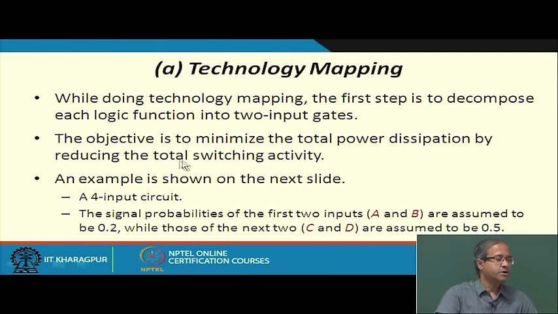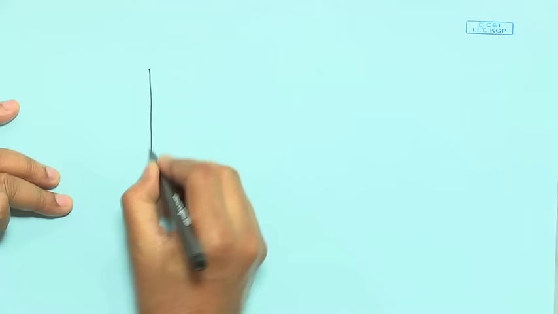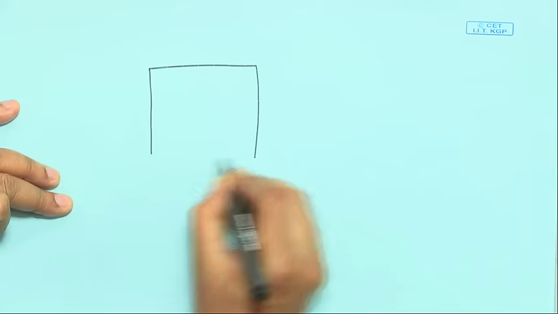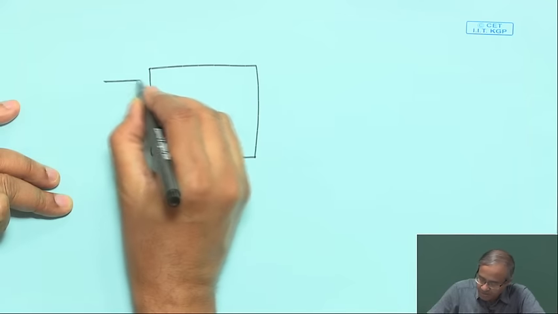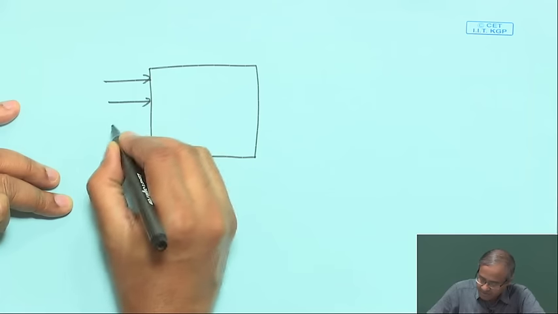Okay. So, we illustrate the process with the help of an example. So, we take a 4 input circuit with inputs A, B, C and D. See, the idea is as follows. Let us say I have a circuit, there are 4 inputs A, B, C, D.